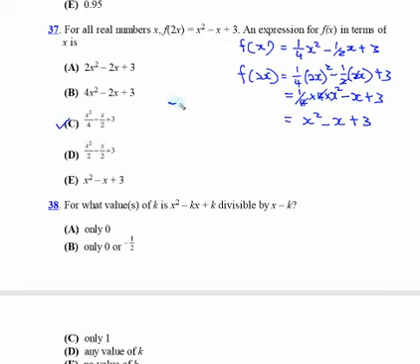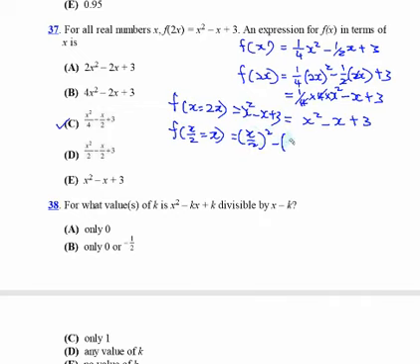Another way of looking at it is if the x is actually 2x, you get x squared minus x plus 3. Now what happens if your x becomes 2x, you got an x. This means your x becomes x over 2, then only you can get x. So in other words, your x all change to x over 2 squared minus x over 2 plus 3, so it becomes x squared over 4 minus x over 2 plus 3.